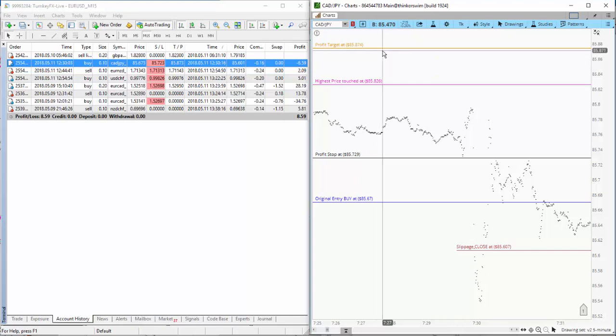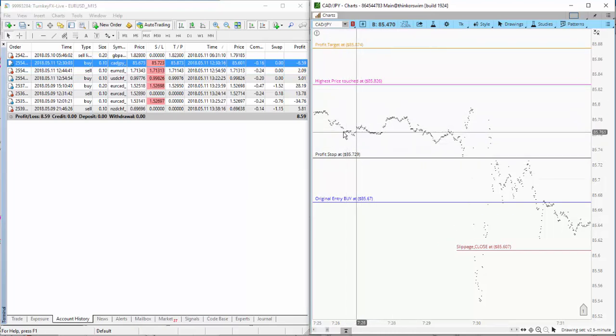Now it never reached the profit target, but it did reach a price right here of 85.82, and at that moment in time, my trade was nicely profitable. It was, 82 minus 67 is about 15 pips profitable at this point right here. But the profit target was up here, so it didn't hit that, and I did not move the stop up.